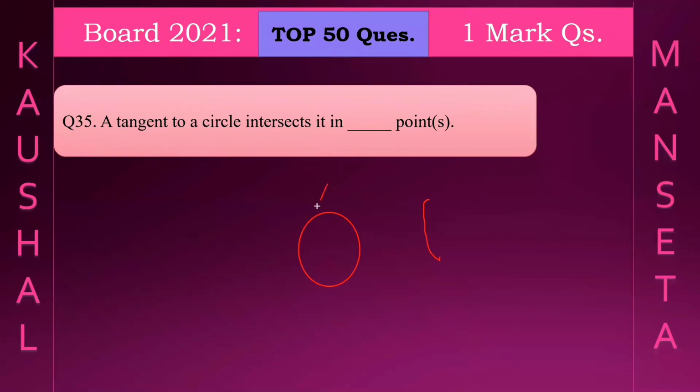Tangent means it touches a single point; that is known as a tangent. So it intersects at only one point. Is it clear? So what is our answer? 1. Got it?